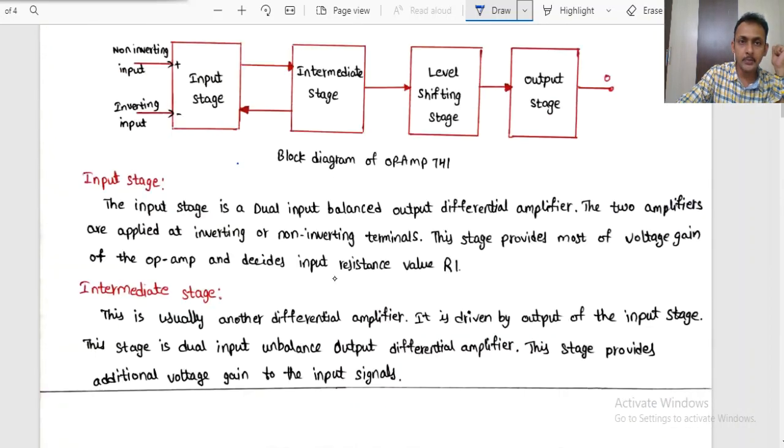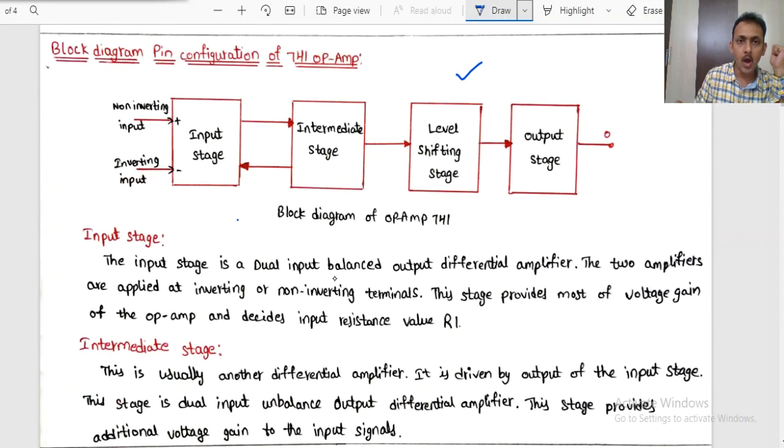Coming to the block diagram of the 741 operational amplifier, we are going to have four blocks. First one is the input stage, and the second one is the intermediate stage, then the level shifting stage, and the output stage. The input stage is going to have both the non-inverting input and the inverting input.